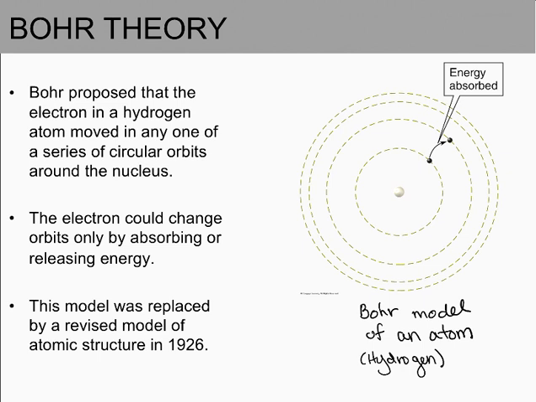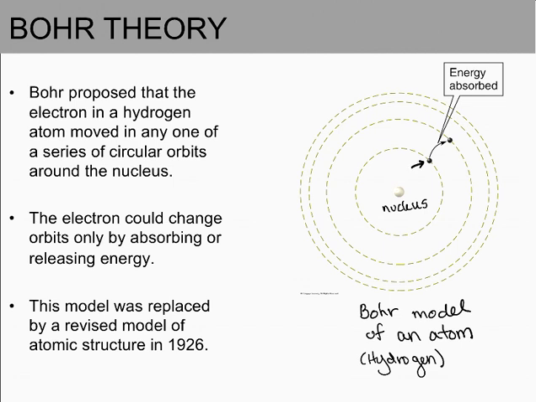Remember that hydrogen's atomic number is 1, so that means it has 1 proton and it has 1 electron. So in the center of this model, we have the nucleus, and then we also have an electron.